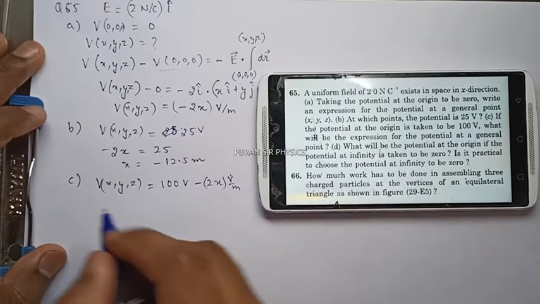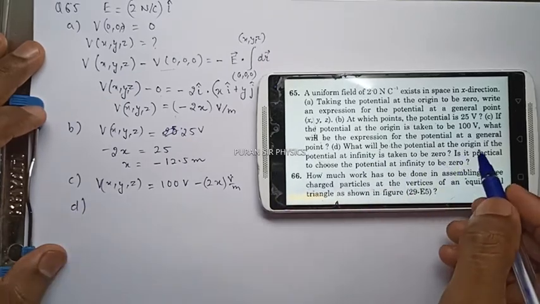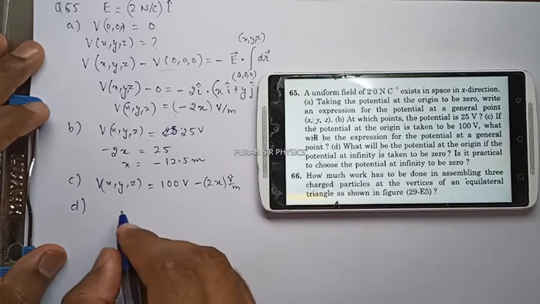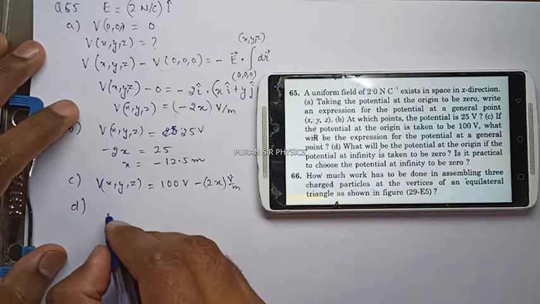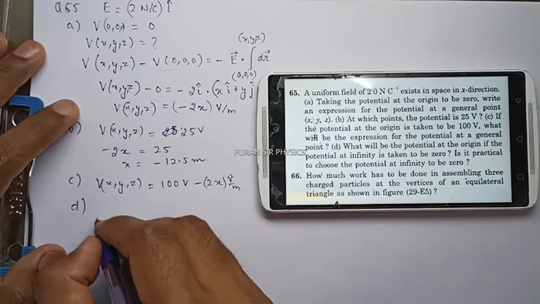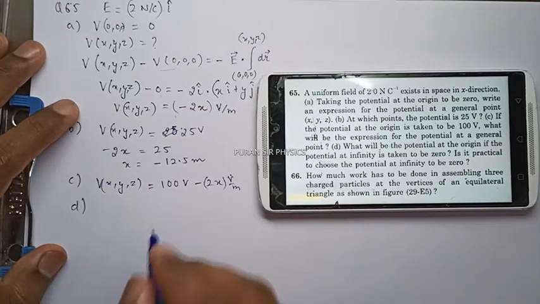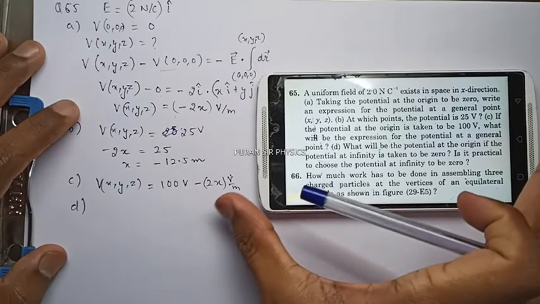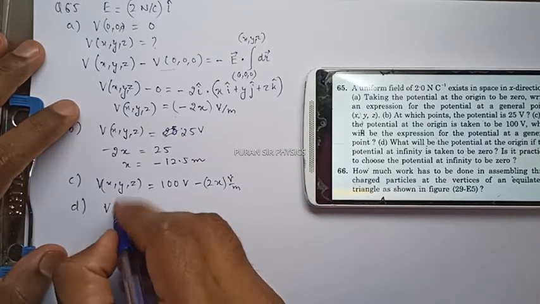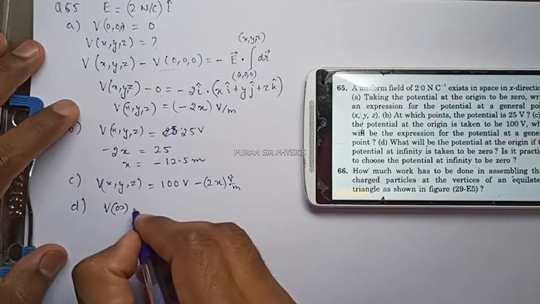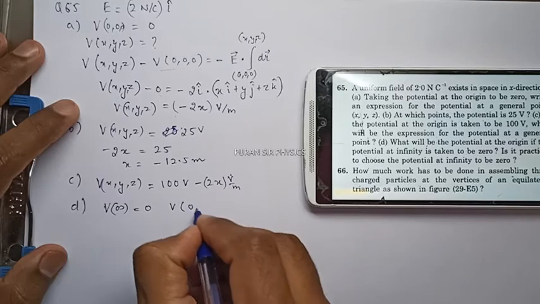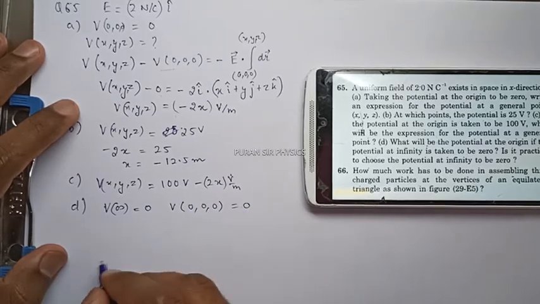What will be the potential at the origin if the potential at infinity is taken to be 0? So here what we can do: if potential at infinity is taken to be 0, we have to find potential at the origin.